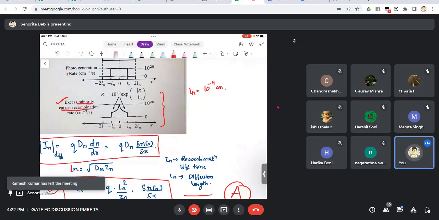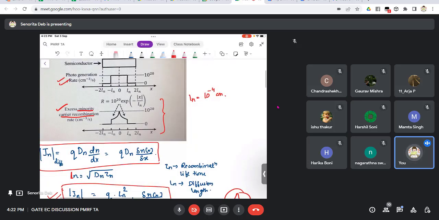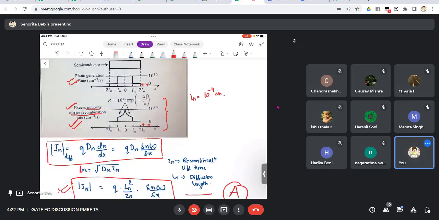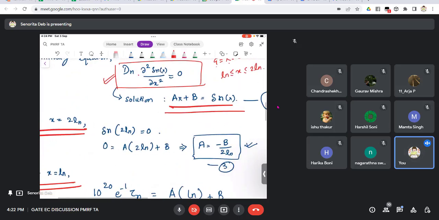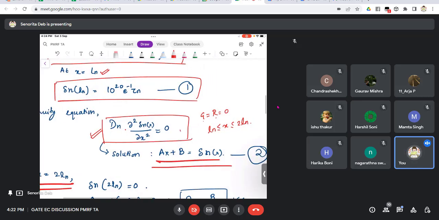At both places you can see that G is 0, R is 0. Therefore this equation is written like this, from L_n to 2L_n: D_n and delta square n(x) by delta x square will be 0.